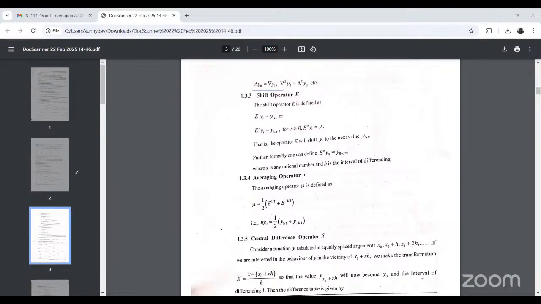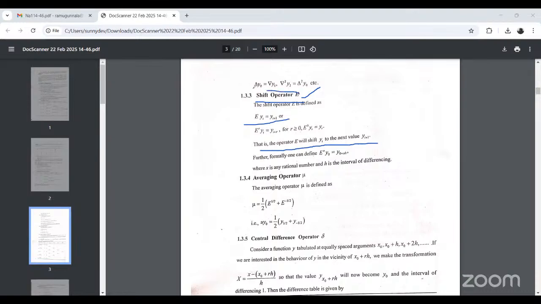Okay. Next, the shift operator E. The shift operator E is defined as E yi equal to yi plus 1, or E power r yi equal to yi plus r. So that operator will shift yi to the next value yi plus 1.